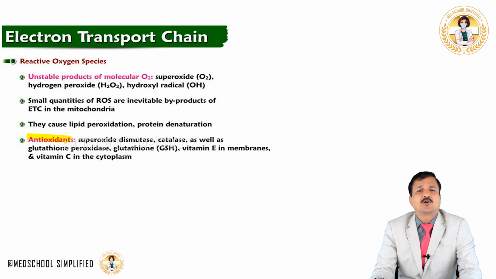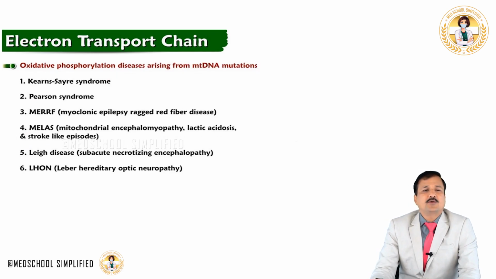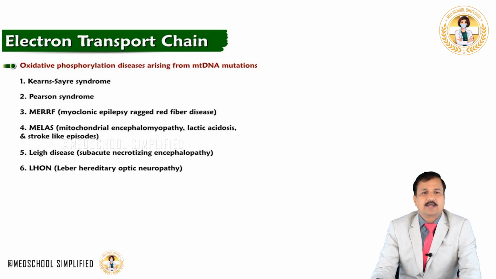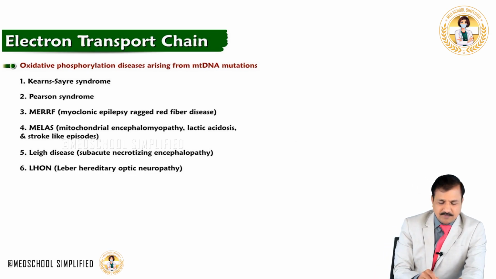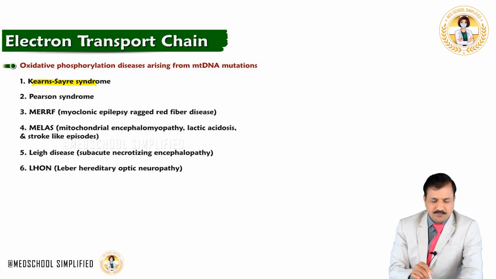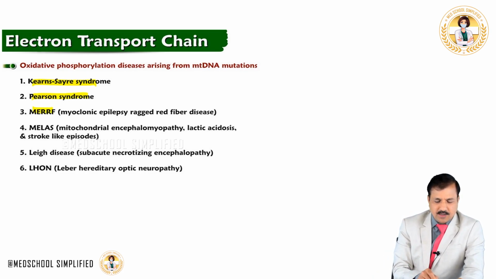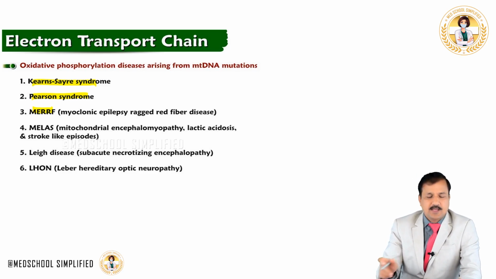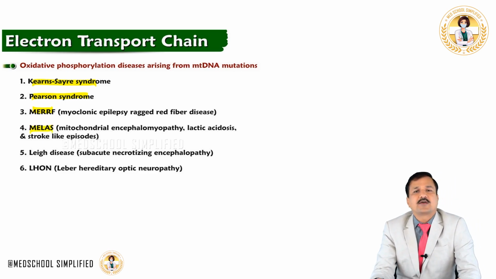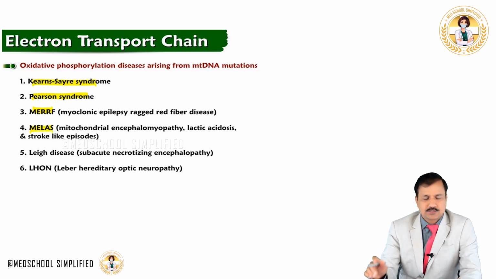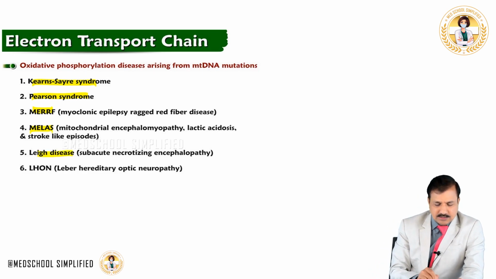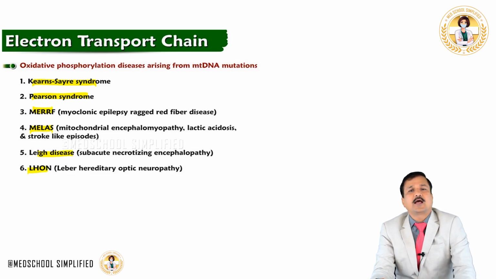Now let's move on to see what the diseases are that involve oxidative phosphorylation because of mutation in the mitochondrial DNA. The names of those disorders are Kearns-Sayre syndrome, Pearson syndrome, MERRF, that is myoclonic epilepsy with ragged red muscle fibers, MELAS, that is mitochondrial encephalopathy, lactic acidosis, stroke-like episodes, Leigh syndrome, that is subacute necrotizing encephalopathy, and LHON, that is Leber hereditary optic neuropathy.